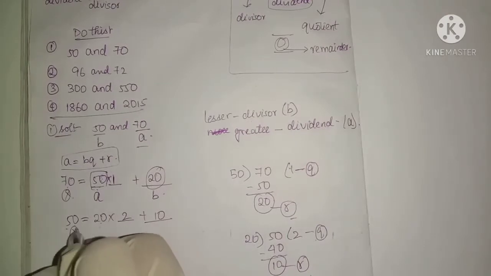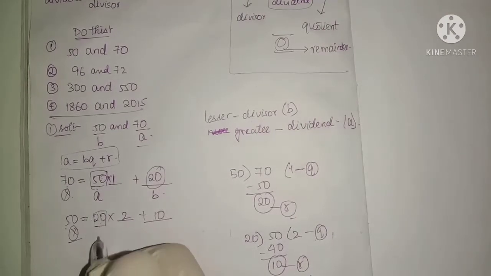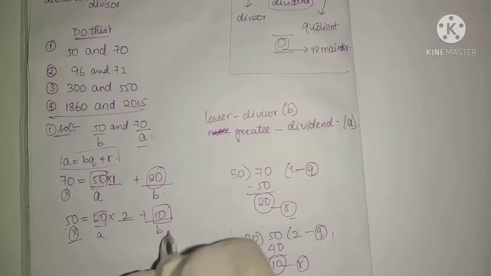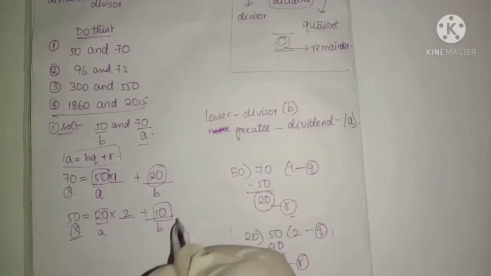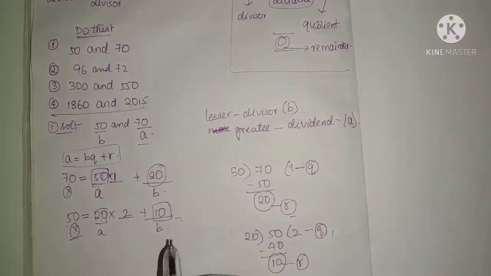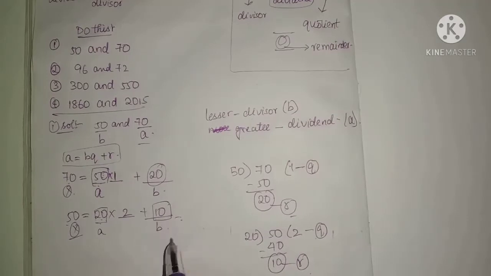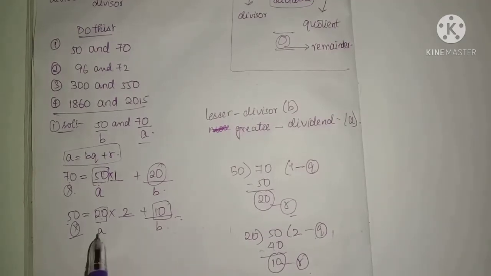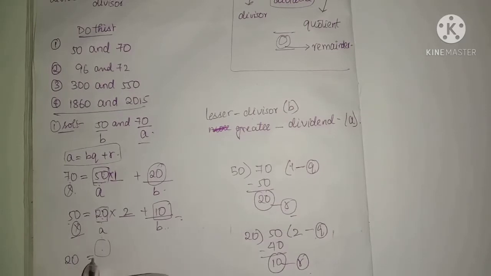Again we don't have any work with this. Take this number as A and this number as B. We have to do this until we get the remainder as 0, and the number which is the divisor when we get 0 would be the HCF. So again A is 20, B is 10, and we have to find the quotient and remainder.